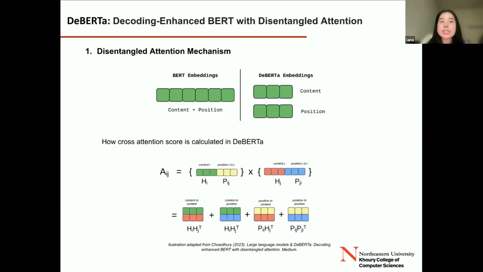So next, I'd like to go into more detail about DeBERTa's innovations that help it improve performance compared to traditional transformer models like BERT. In the original transformer block, each token is represented by a single vector, which contains information about the token content and position in the form of an element-wise embedding sum, like this image here on the left-hand side.